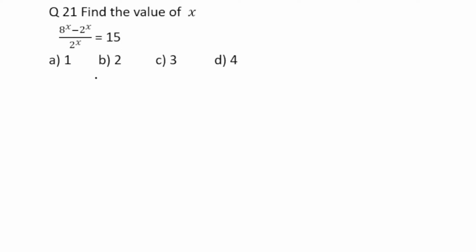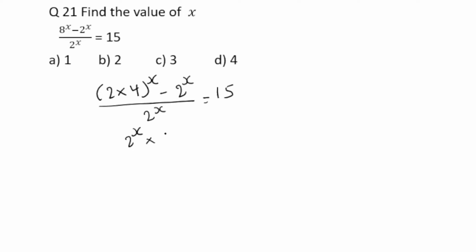We can write 8 as 2 multiply 4, so 8 to the power x is 2 to the power x multiply 4 to the power x, minus 2 to the power x, divide 2 to the power x equals 15.